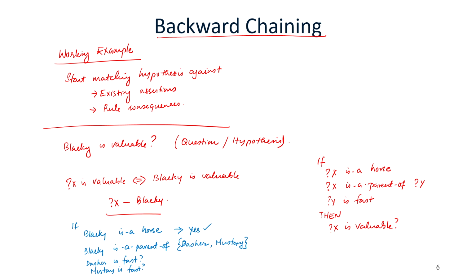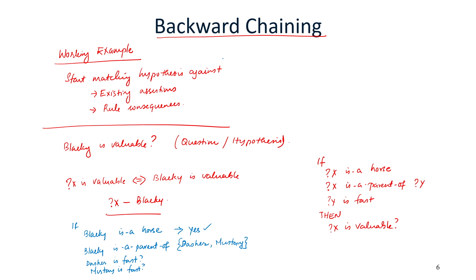One way to represent this is that we start at Blackie. The variable is Blackie here. Okay. Then under this Blackie, I am just drawing this to make your life easy, is a horse.